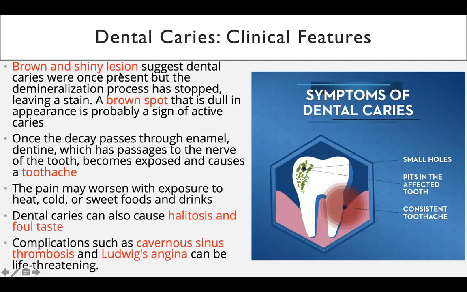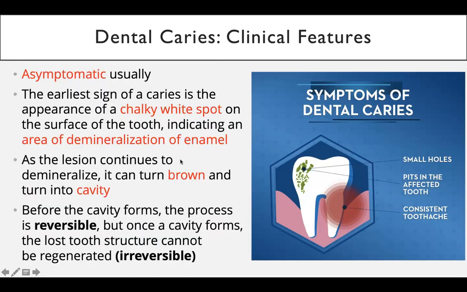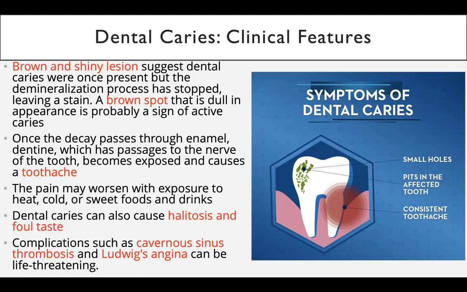Brown and shiny lesions suggest dental caries were once present. So if you see a brown or shiny lesion, it means they are old caries. But if you see yellow, it means the cavities were formed and they are still in active form. Brown and shiny lesions suggest dental caries were once present, but the demineralization process has stopped, leaving a stain.